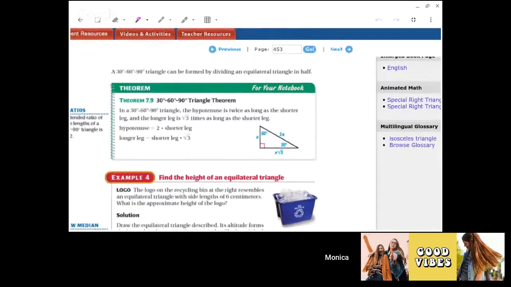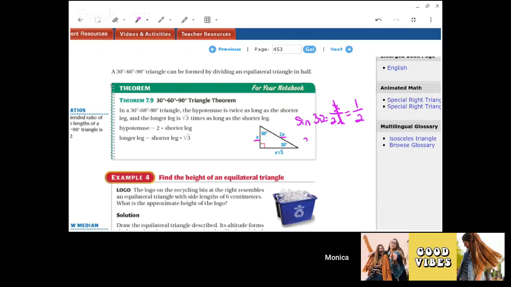The sine of this 30-degree angle is opposite over hypotenuse. So it'd be the sine of 30 equals x over 2x. Those x's cancel, so it equals 1/2.